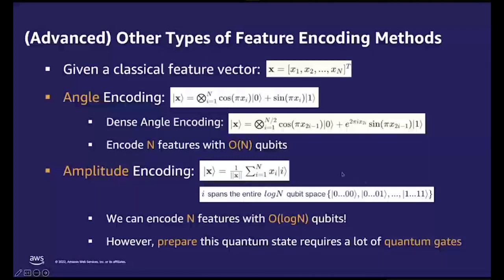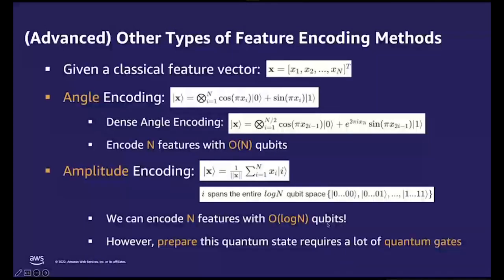Because in total you have 2 to the power of small n qubits. So in the end, this will be a log of big N. Remember, big N is the size of the feature vector, right? So it's a very interesting property that you can actually encode big N features with only O of log N qubits. So that is an exponential amount of saving you can have, right?